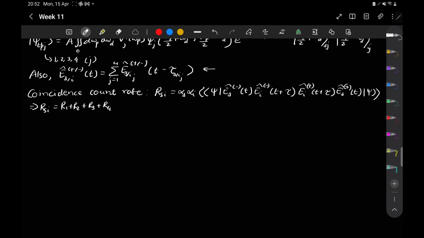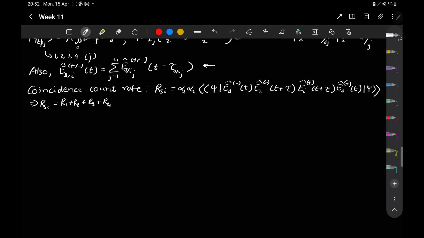So these are contributions from each of the individual paths. Then we will have cross terms, taken pairwise.